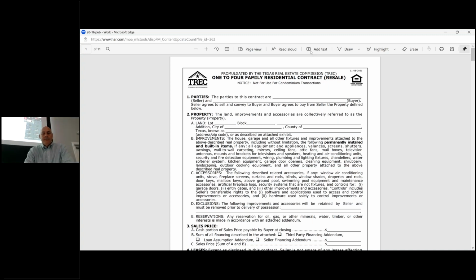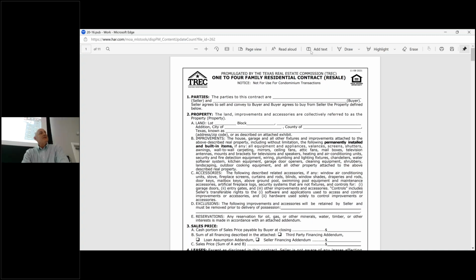So house, garage, other fixtures and improvements attached to the above described real property, including without limitation the following permanently installed and built-in items: equipment and appliances, valances, screens, shutters, awnings, wall-to-wall carpeting, mirrors, ceiling fans, attic fans, mailboxes, television antennas, mounts and brackets for televisions and speakers, heating and air conditioning units, security and fire detection equipment, wiring, plumbing, lighting fixtures, chandeliers, water softener system.